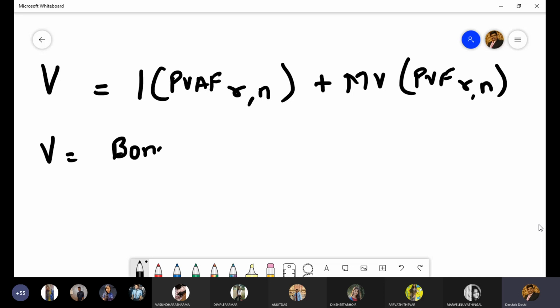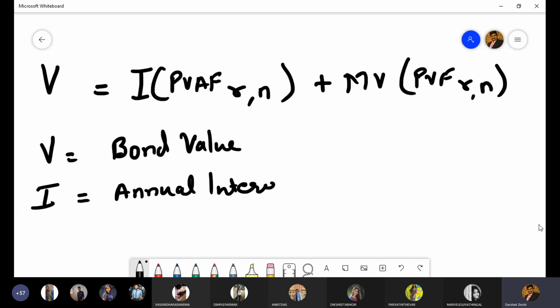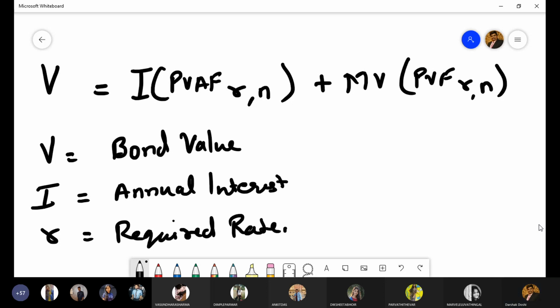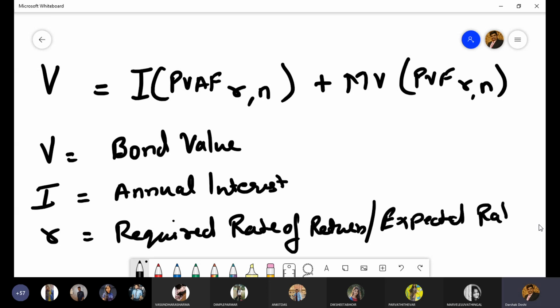V is bond value. I is annual interest. R is required rate of return or expected rate of return.